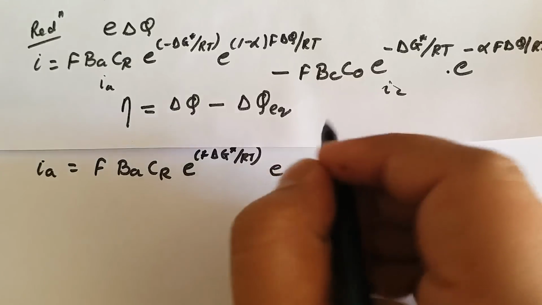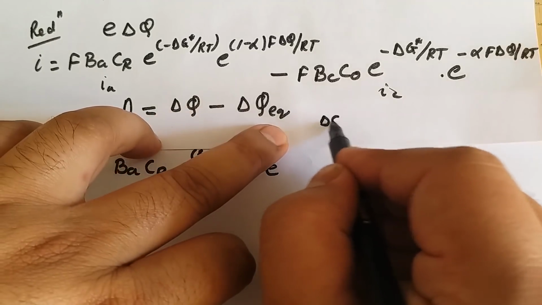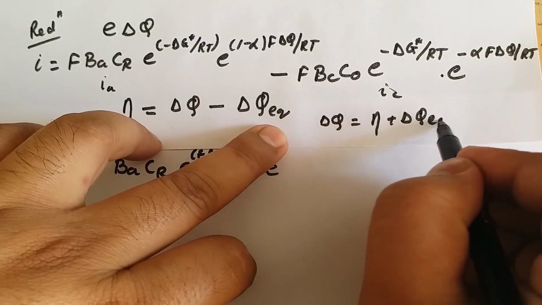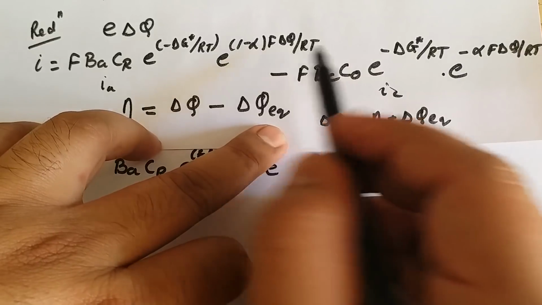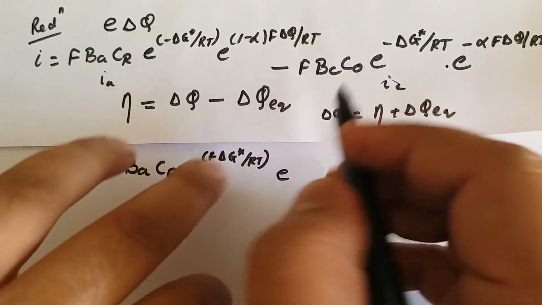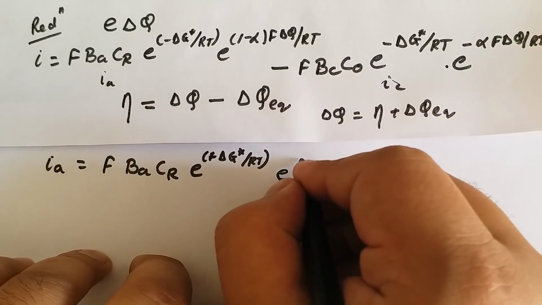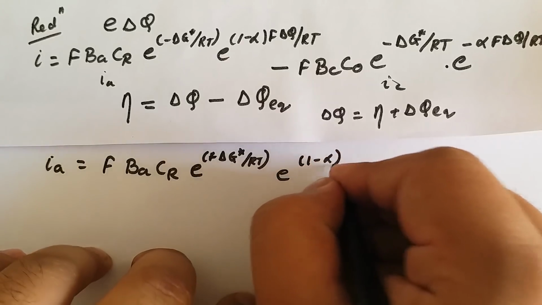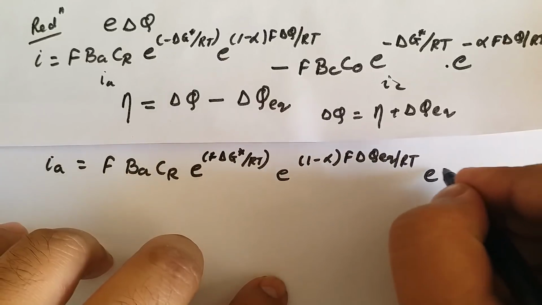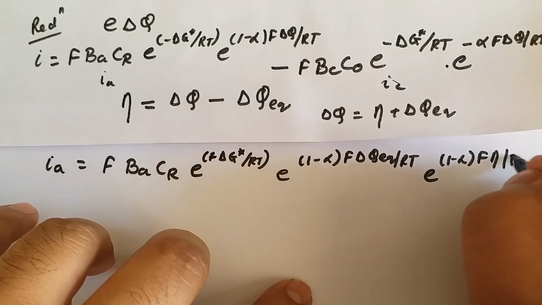This will remain as such. Then we will have e raised to, and again we rearrange this representation in the form that Δφ is equal to η plus Δφeq. In place of Δφ I can write η plus Δφeq, and again I will separate out the individual terms. So the relation that we will have is e raised to (1 − α)FΔφeq by RT into e raised to (1 − α)Fη by RT.